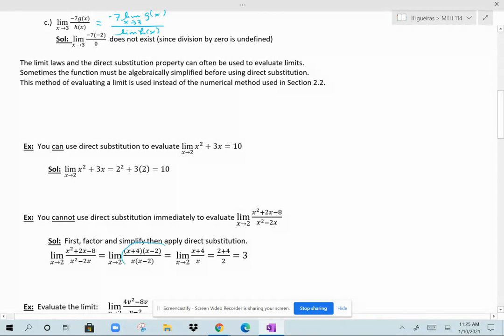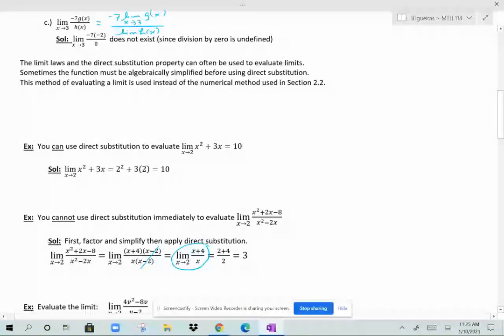When you factor the numerator, you get x plus 4 times x minus 2. When you factor the denominator, you're factoring out the GCF, which is x, which leaves you with x times x minus 2. But when you do that, you can see that the x minus 2's cancel, and I'm left with the limit as x approaches 2 of x plus 4 over x.